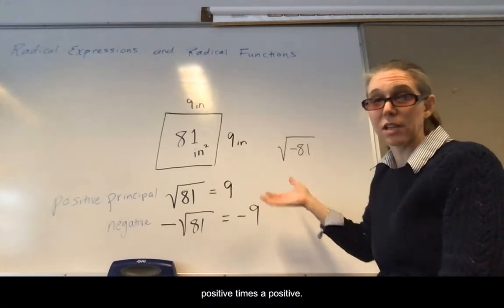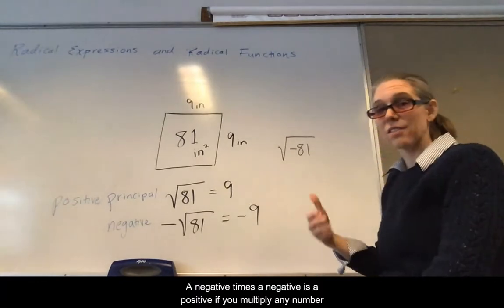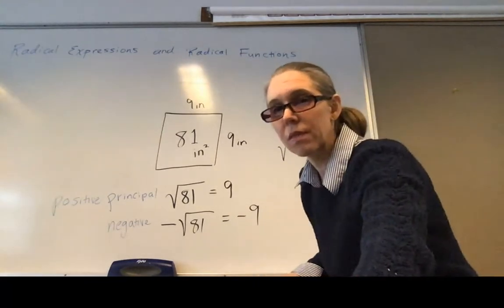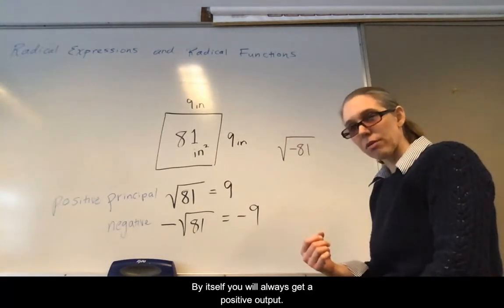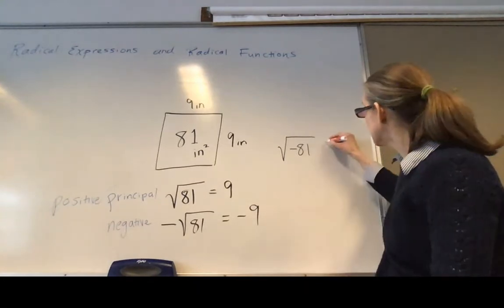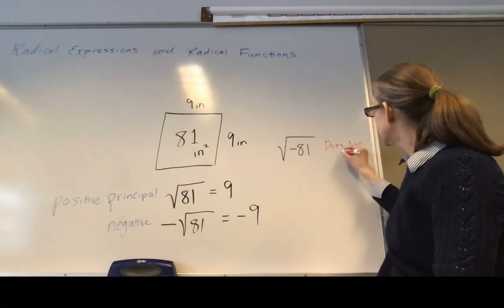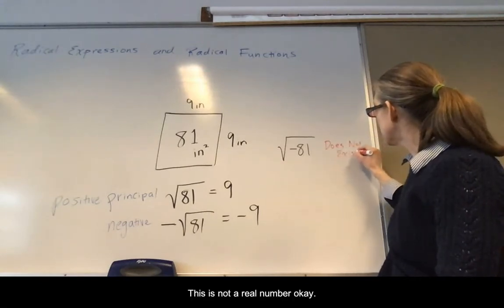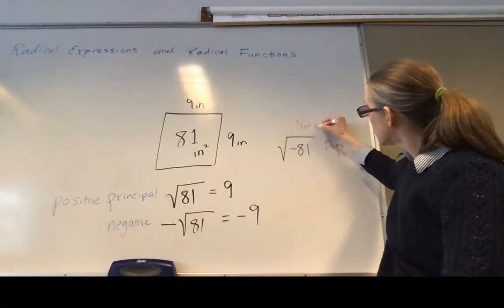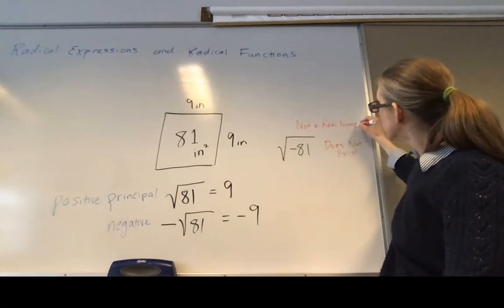Because a positive times a positive is a positive, and a negative times a negative is a positive. So if you multiply any number by itself, you will always get a positive output. So this does not exist. This is not a real number, okay? That's another way of saying it. Not a real number.